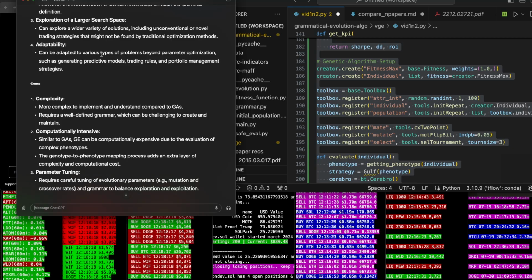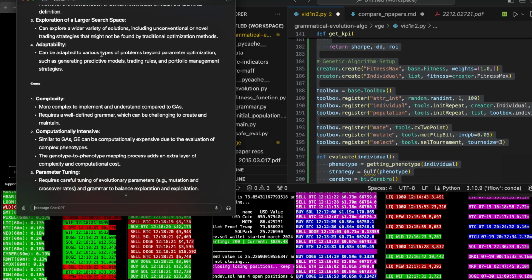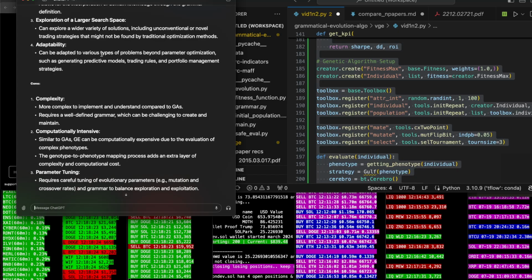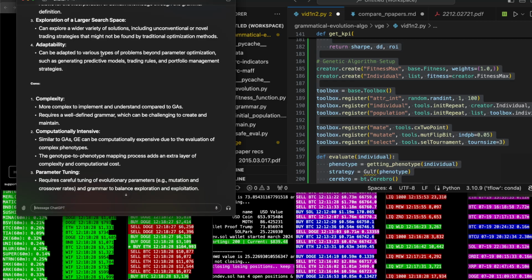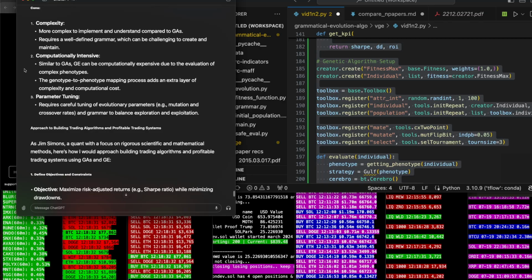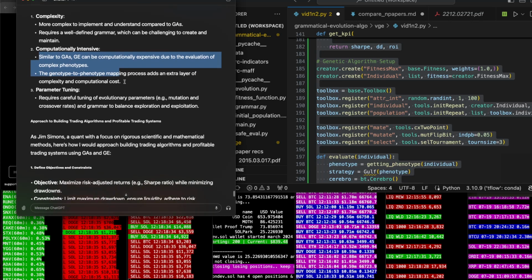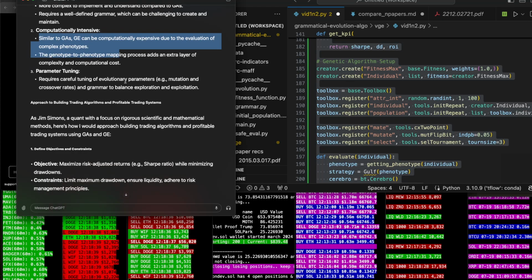Cons: more complex to implement and understand than GAs. Requires a well-defined grammar, which can be challenging to create. Computationally expensive. Similar to GAs, GEs can be computationally expensive due to the evaluation of complex phenotypes.